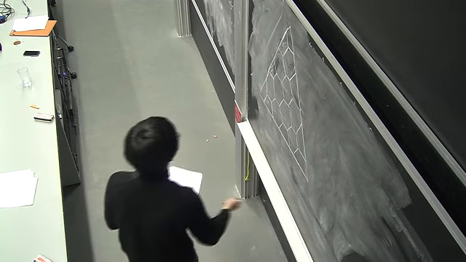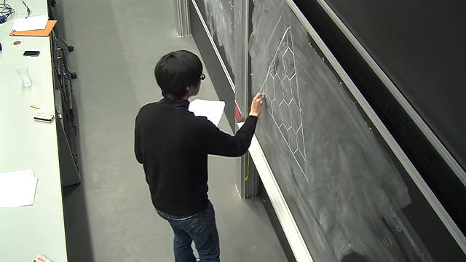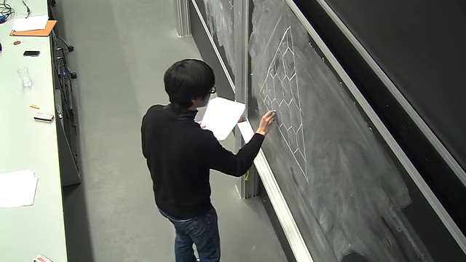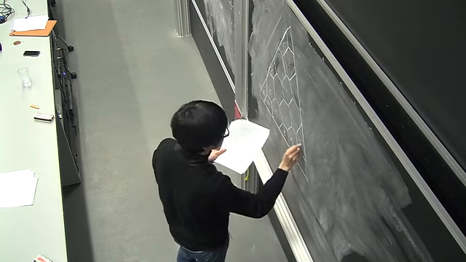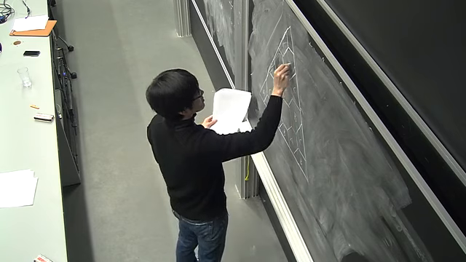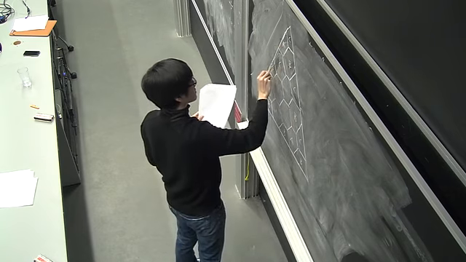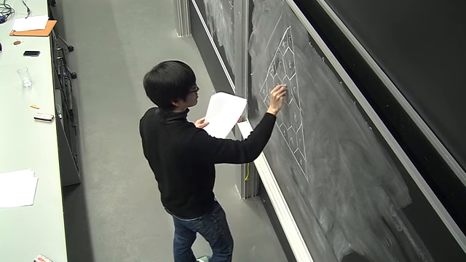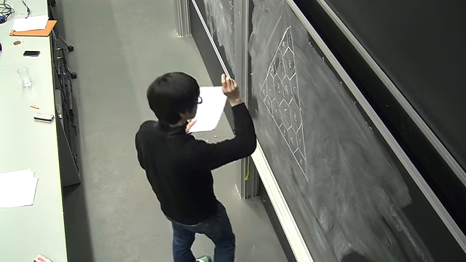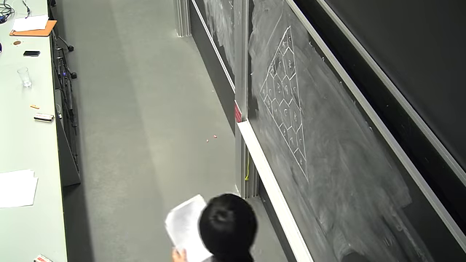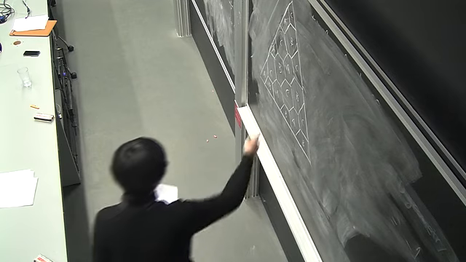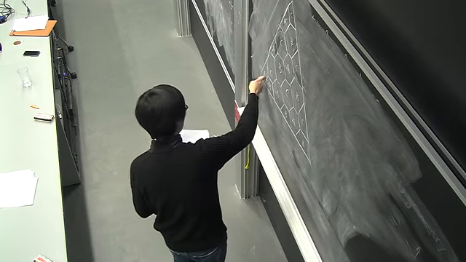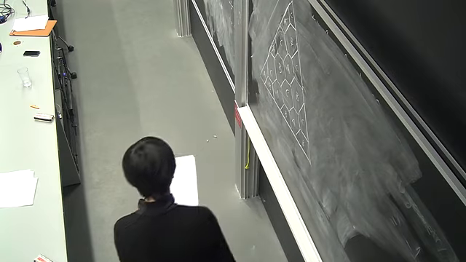Okay, so now let me add color labels A, B, C, A, B, C. Okay, like this. So it's still three-colorable, and you see that A doesn't neighbor with A, and so on.